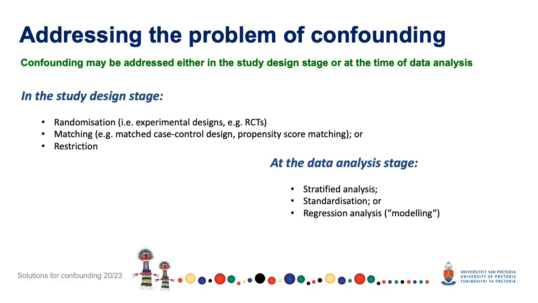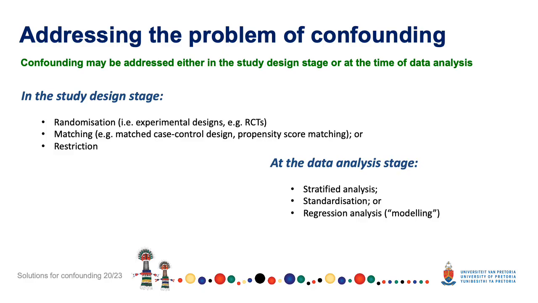We might decide to do a matched case control or a matched study design. You can also do something called propensity score matching. Or we might want to restrict the study sample just to include people of a particular sex or age or socioeconomic status and so on, in order to avoid confounding due to those variables.